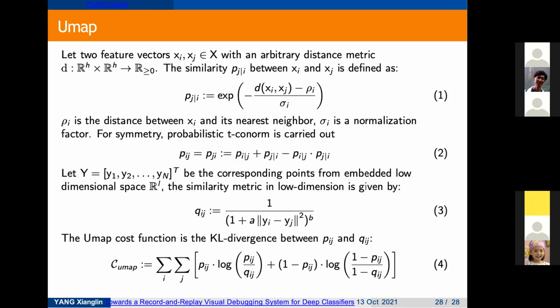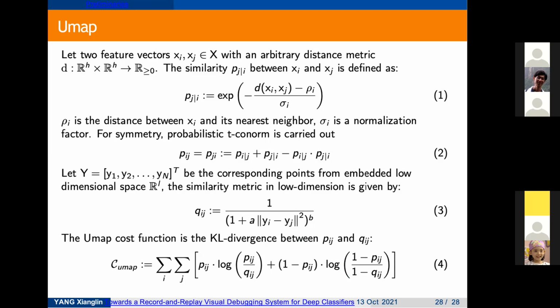So what it does is that first, it calculates the similarity between any 2 points, let's say i and j, by using this radius kernel. And then for symmetry, it will normalize p_ij to be the second formula.